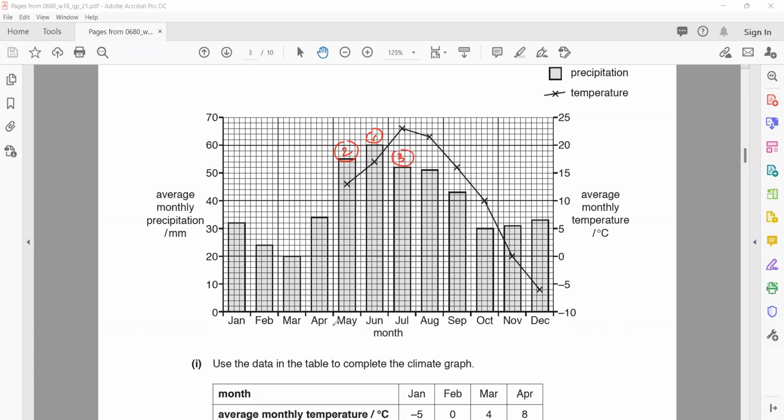Now, what is it in May? How much? I will enlarge it.